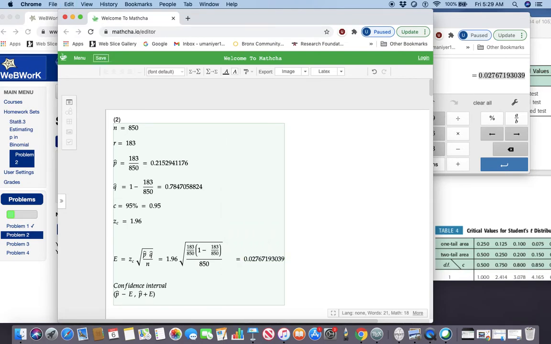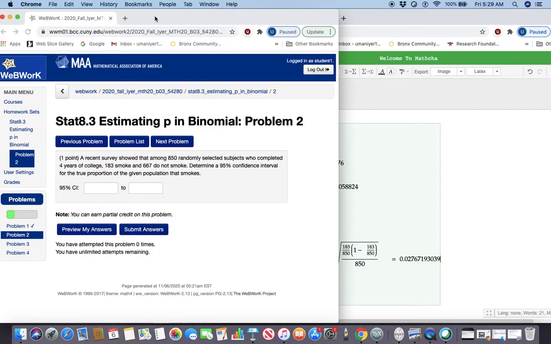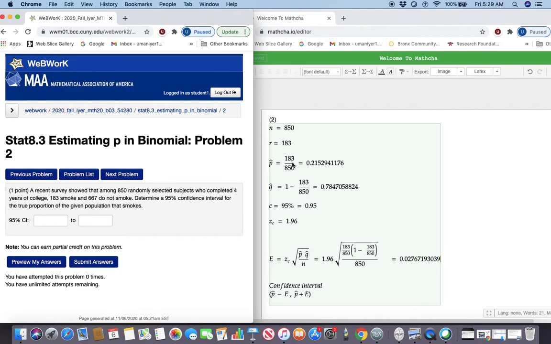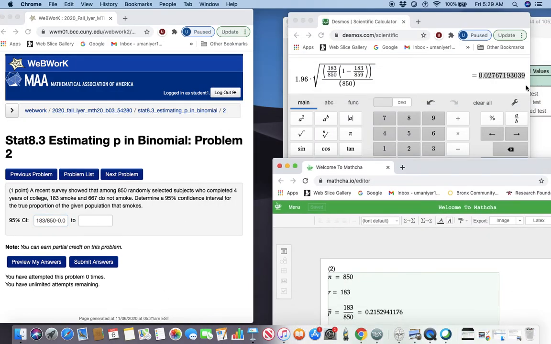All right, the confidence interval is P hat minus E, P hat plus E. So P hat is 183 over 850. I'm not using the approximation. So P hat minus E. Here I have used the approximation from my calculator.